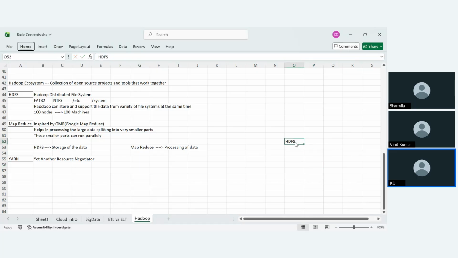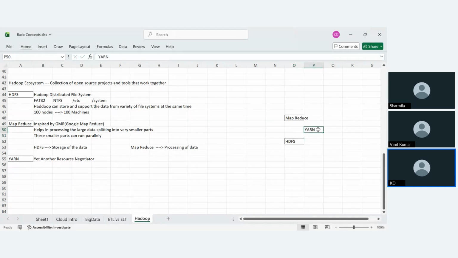HDFS is storing your data. And here, let's say, this is MapReduce. This is processing the data. But somewhere in between, there is YARN.